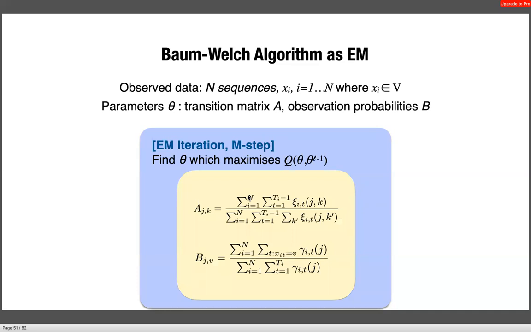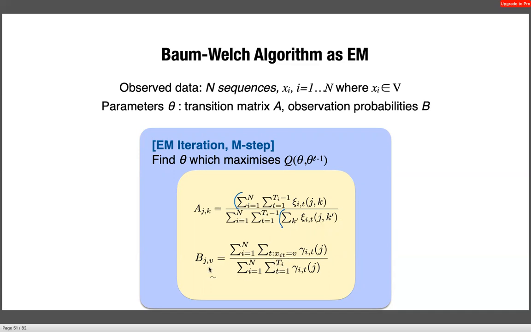Before this, we were looking at a single observation O, but you can have a number of observations, xi's, where i goes from 1 to n, and that's what the outer summation is handling. And then in the denominator, you have an additional summation which comes from looking at every transition out of J.